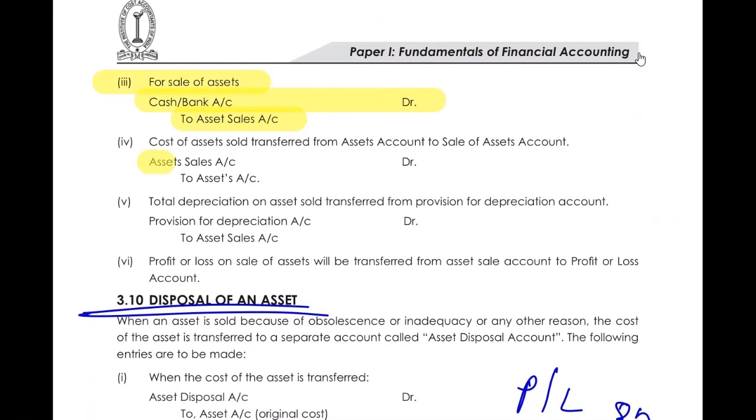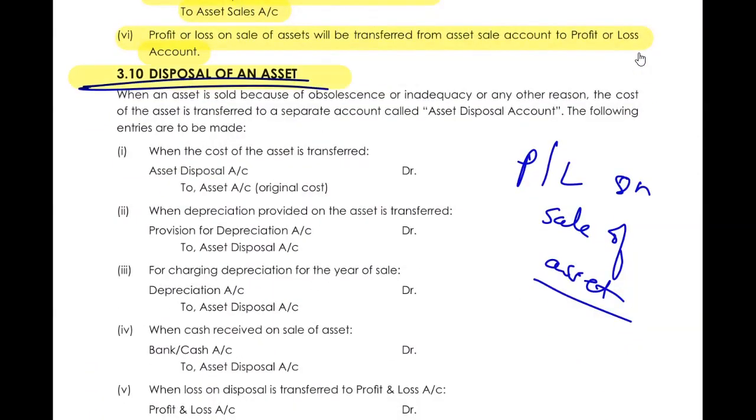In the same way, you will transfer the asset to your asset disposal account, and you will transfer the provision for depreciation to that account. Any profit or loss arising on the sale of that asset will be transferred to the P&L account. That is covered in disposal of asset.